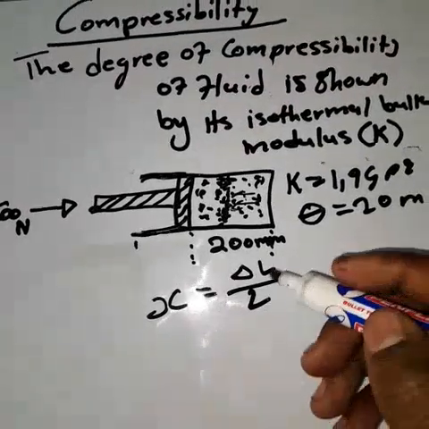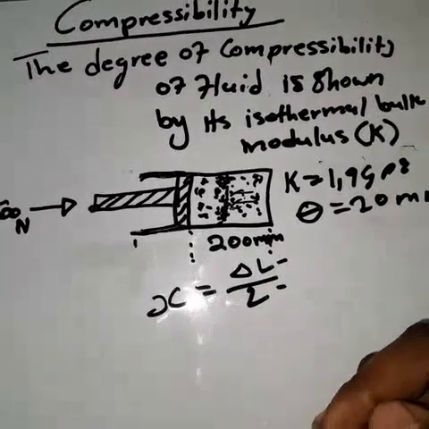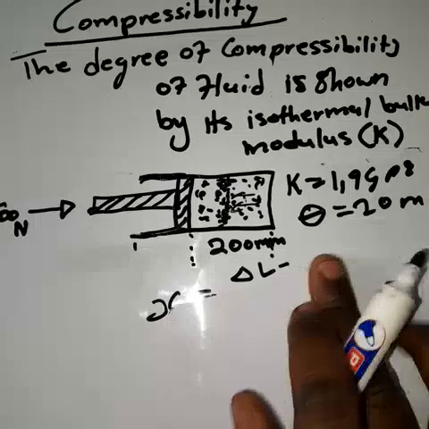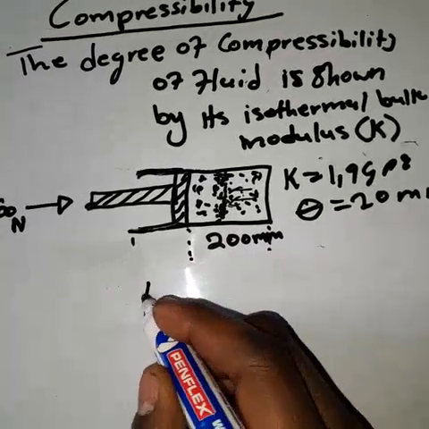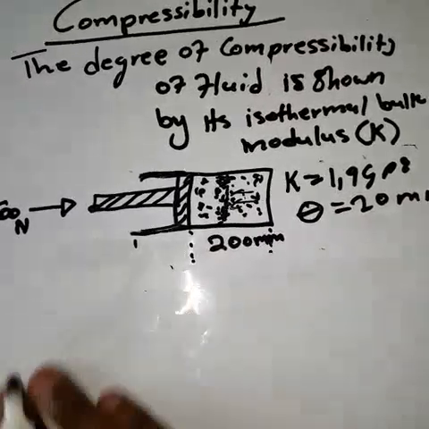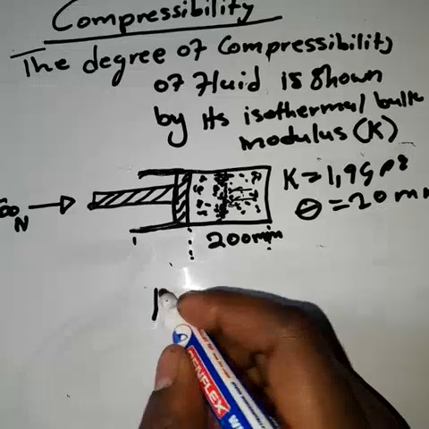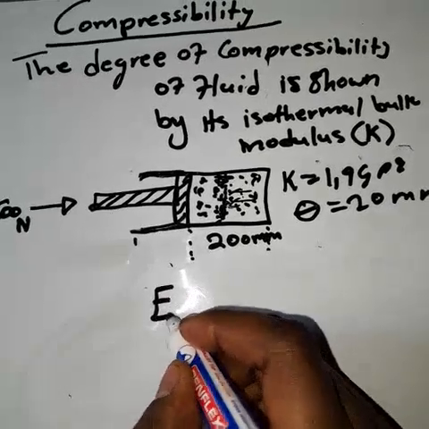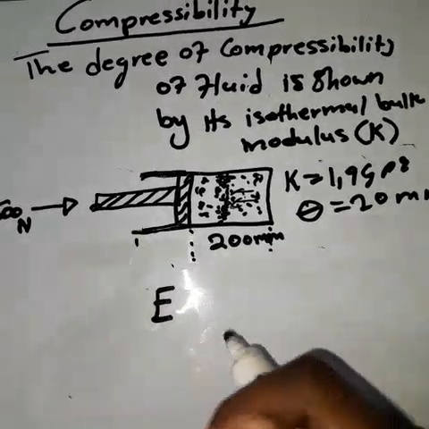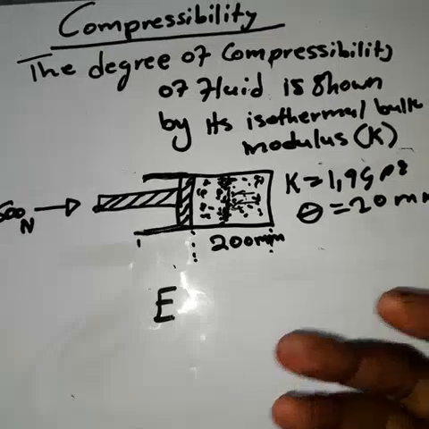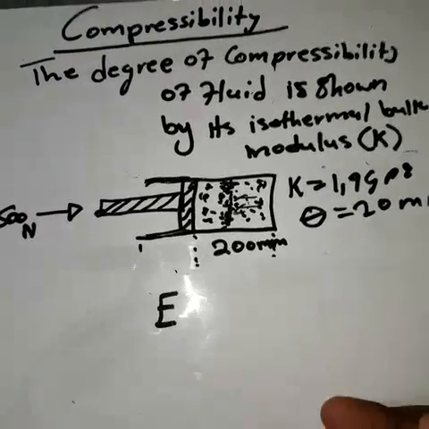Usually strain is change of something over its original state. Simple again, in fluid mechanics volumetric strain is represented by capital epsilon E. Then down there you will write whether you are calculating volumetric strain or length strain, depending on which strain you want.